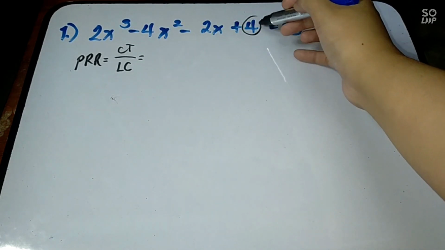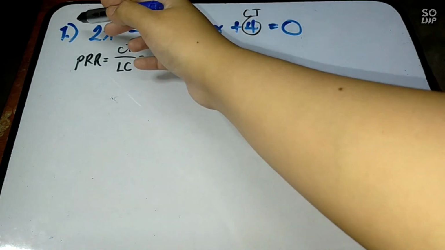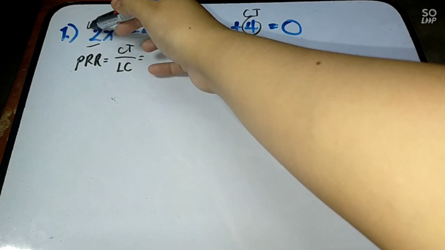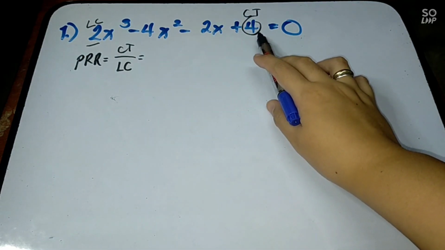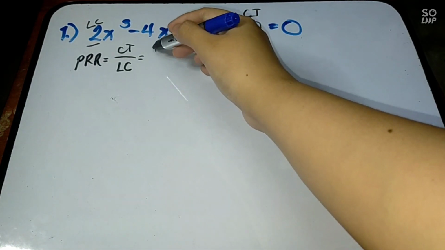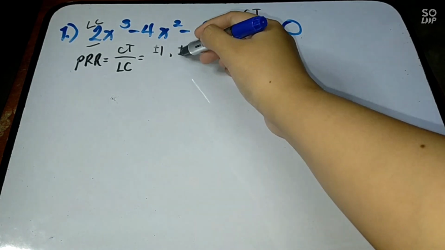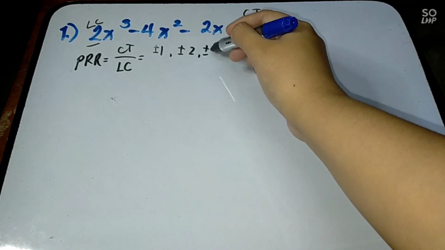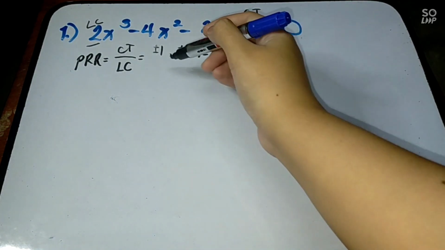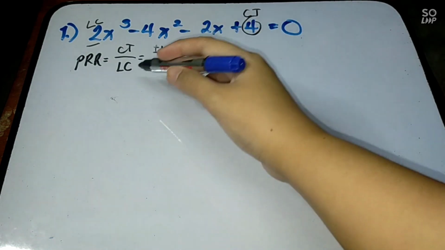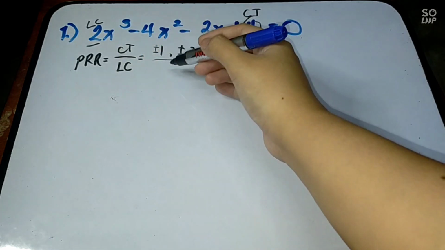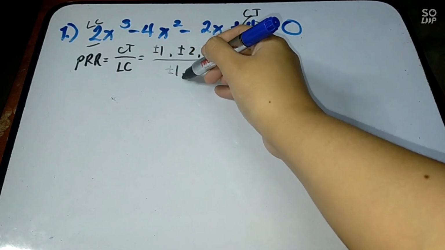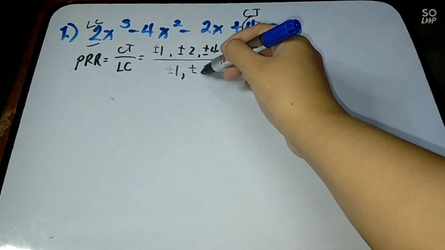So this is your constant term and this is your leading coefficient. That is it. So, let us have the factors of your constant term, which is 4. We have here positive negative 1, positive negative 2, and positive negative 4. So, that are the factors of 4. Then, for the leading coefficient, we have here 2. So, the factors of 2, we have positive negative 1, and then positive and negative 2.